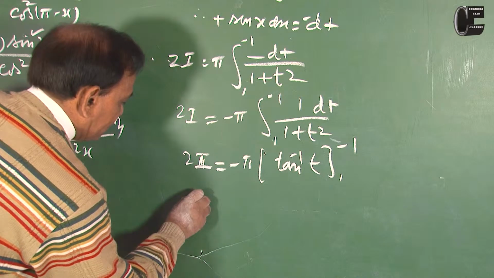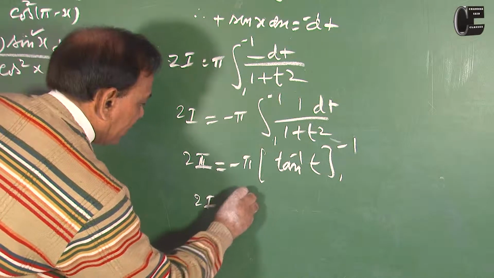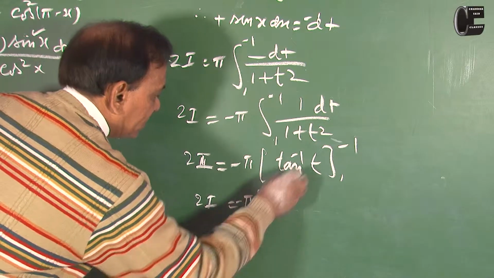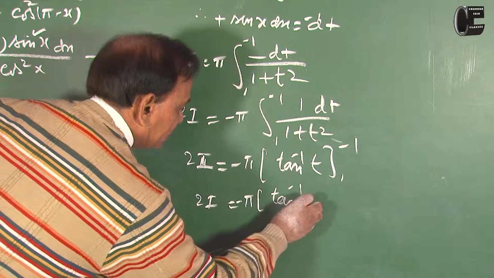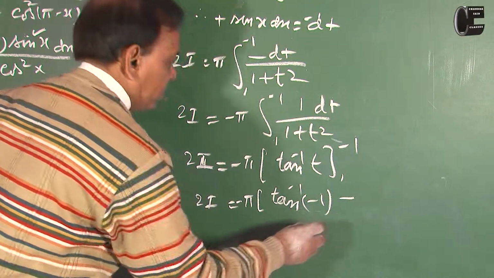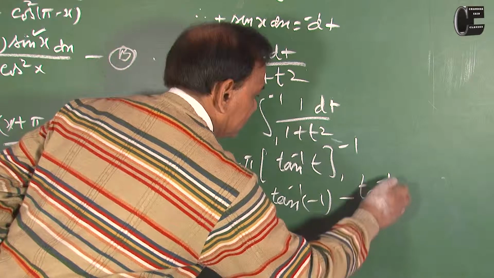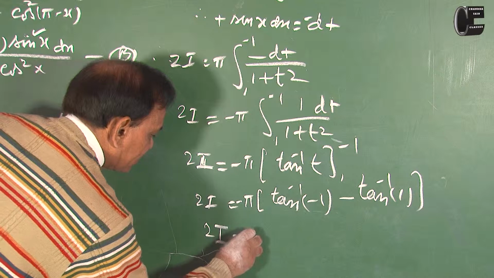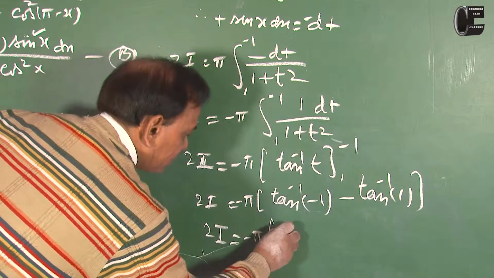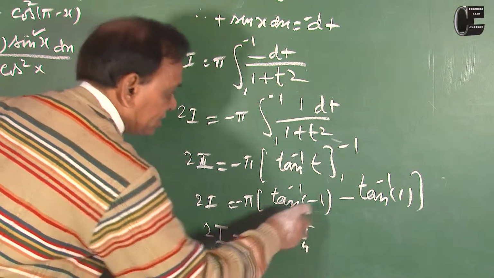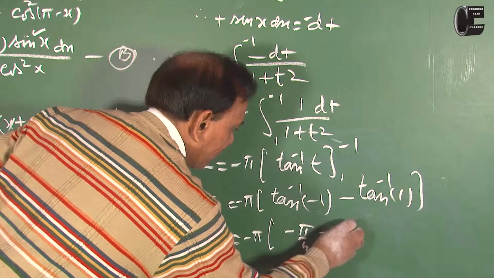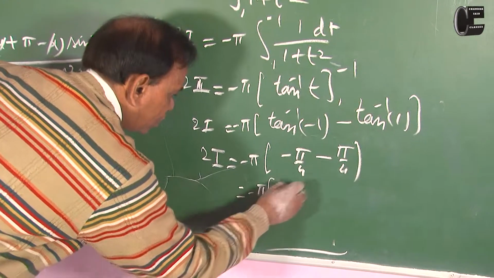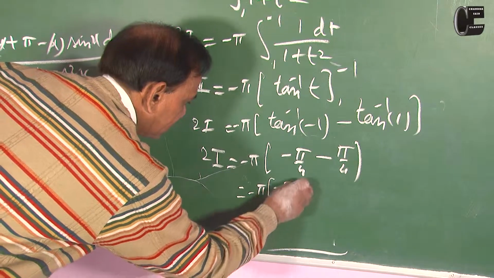Interchange the limits: 2i equals pi times tan inverse of minus 1 minus tan inverse of 1. 2i equals minus pi times minus pi by 4 minus pi by 4, that is minus pi by 2.